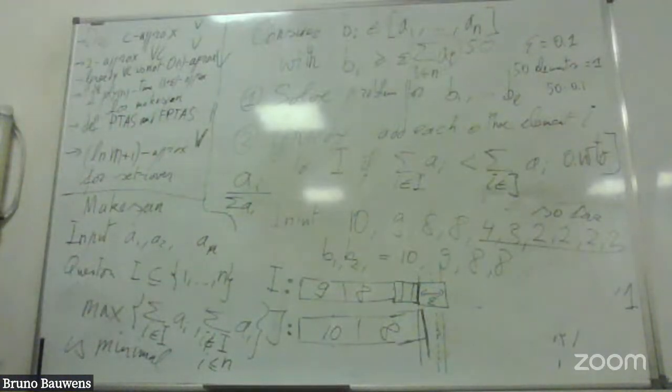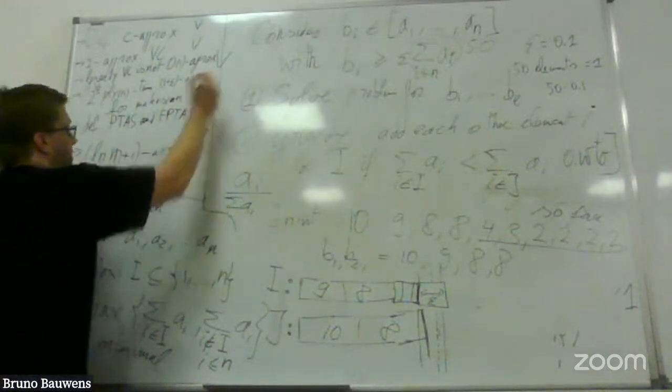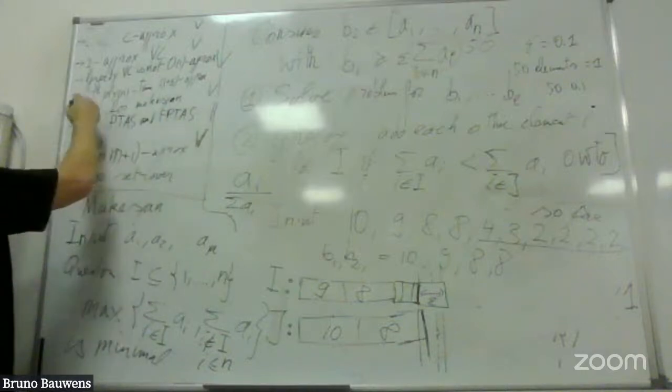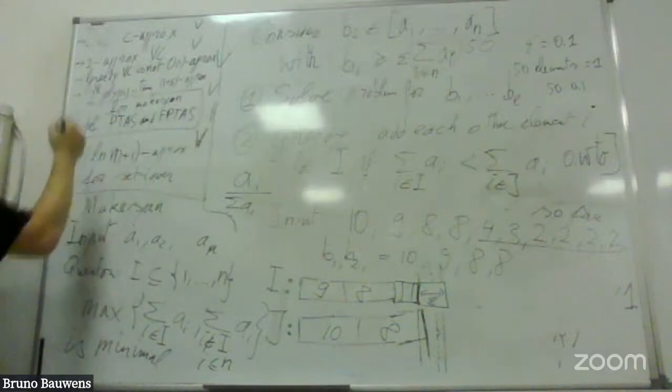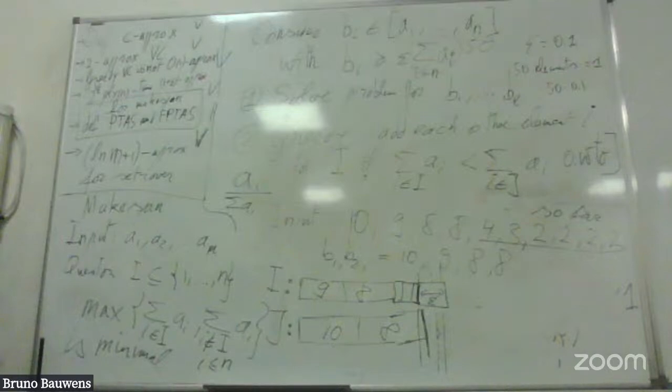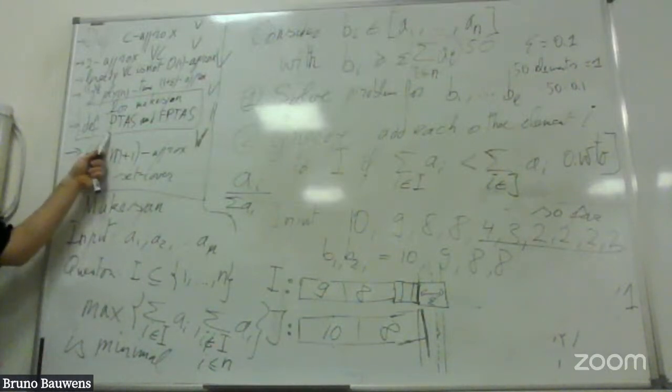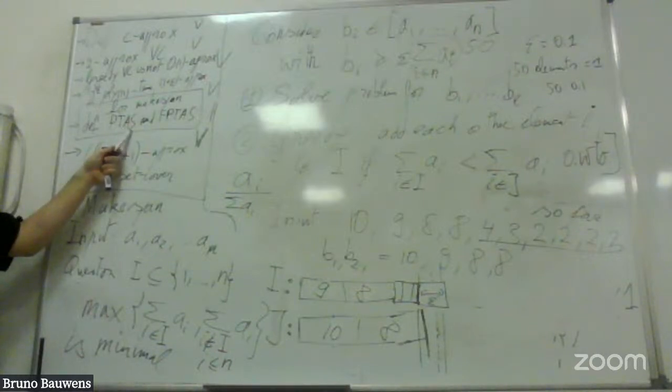Okay, we only have one little task left. I just need to tell the definition of PTAS and FPTAS. PTAS means polynomial time approximation scheme.